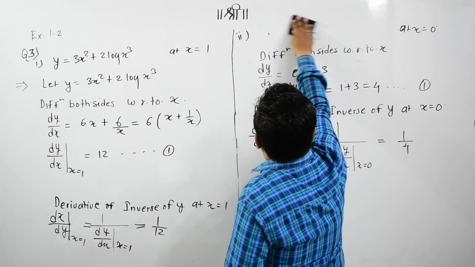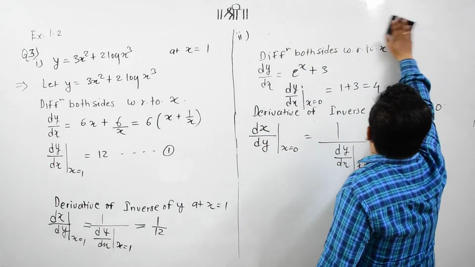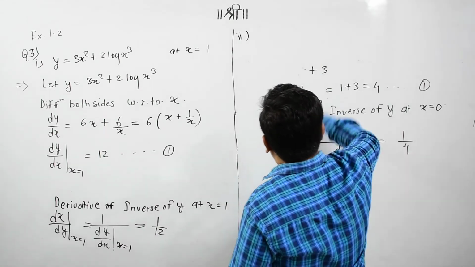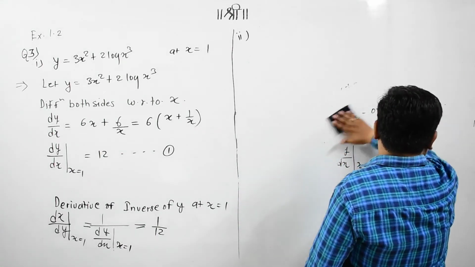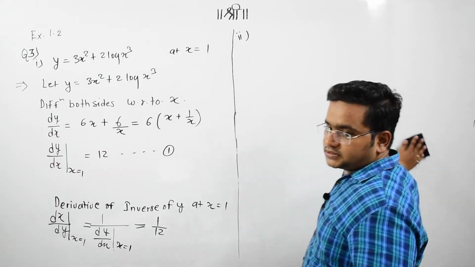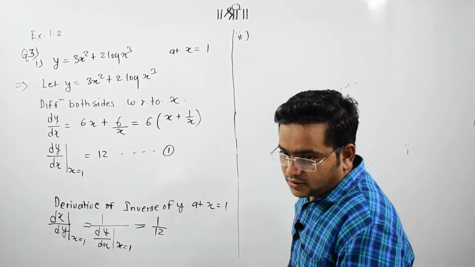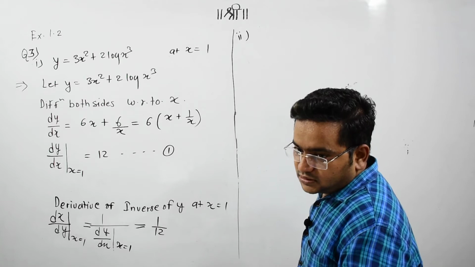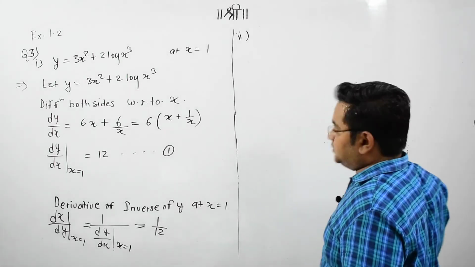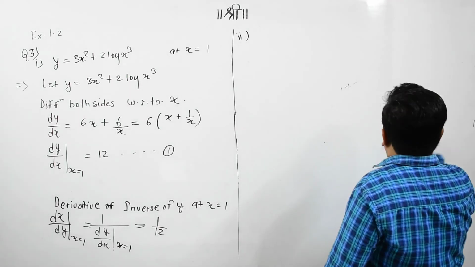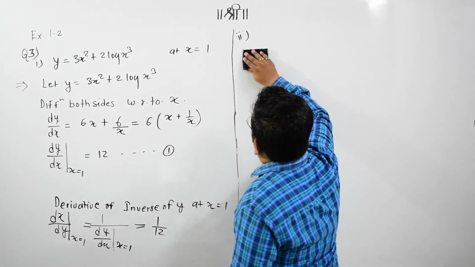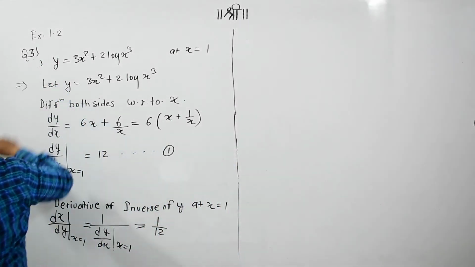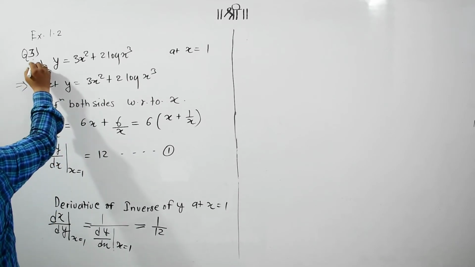Now next step, our next question. Oops, I erased it totally. So what we need to do is substitute the value. This question is quite lengthy, because there is something called sine: sine of x minus 2 plus x square at x equal to 2. We need to find it out.